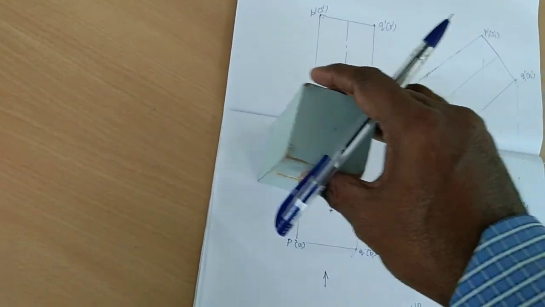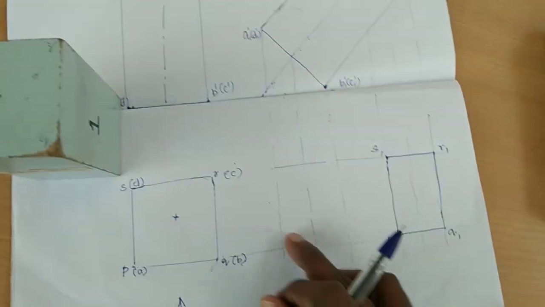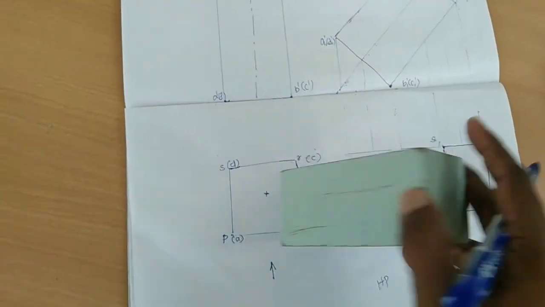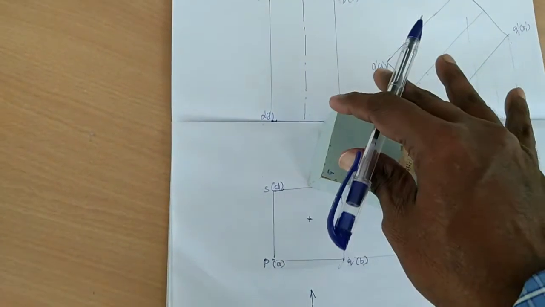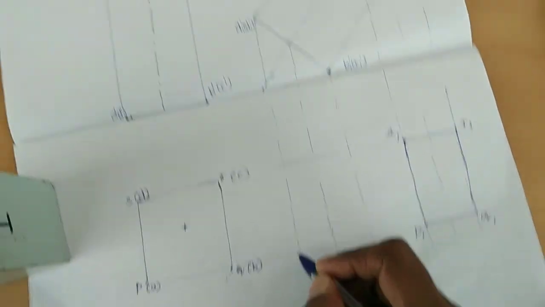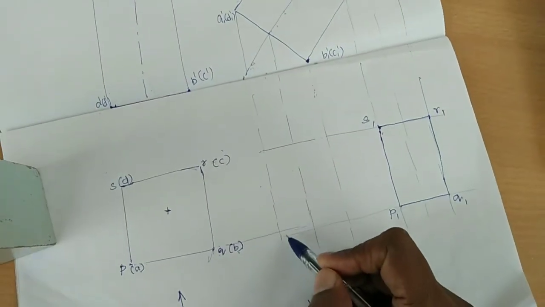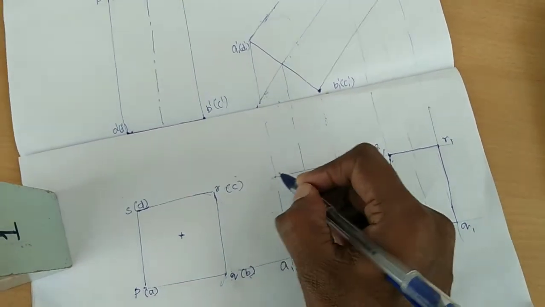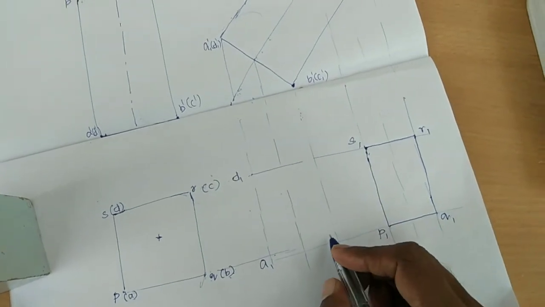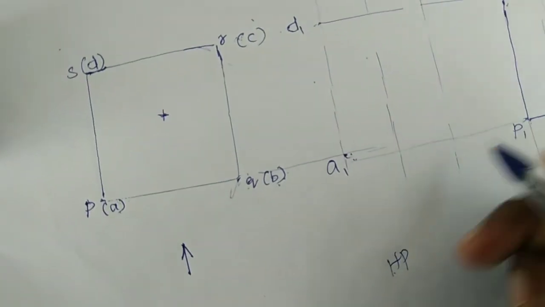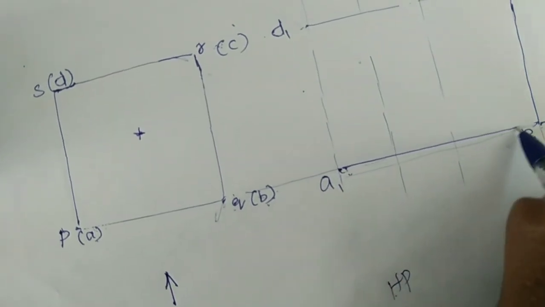P and A are joined by an edge, and S and D are joined by an edge. The A projection lines meet at A1, and the D projection lines meet at D1. Then you join P1 and A1.